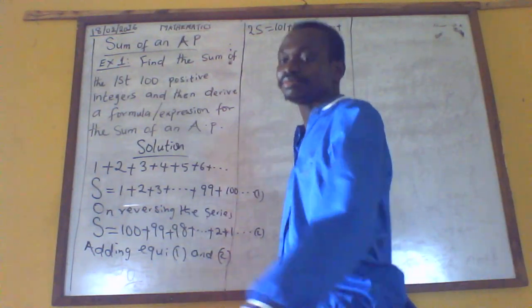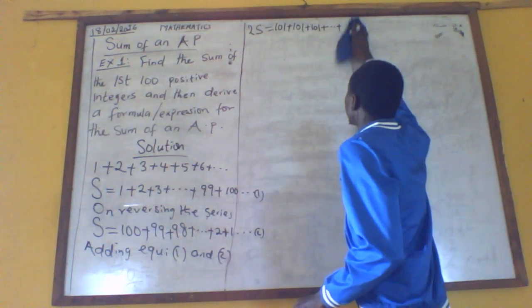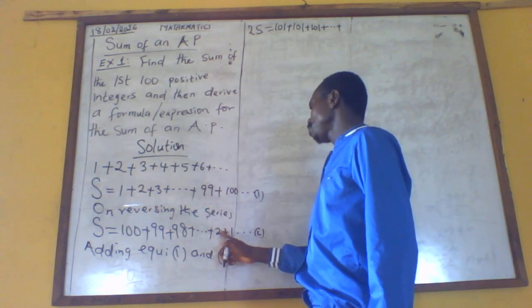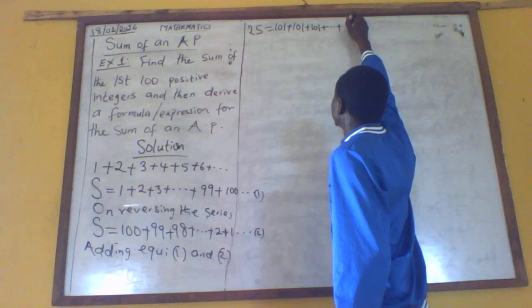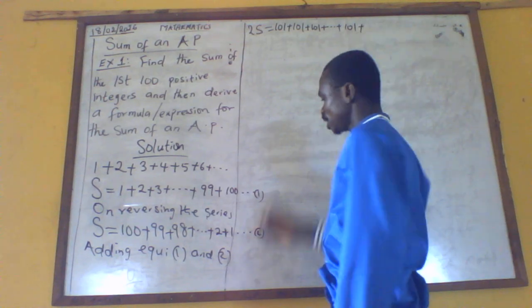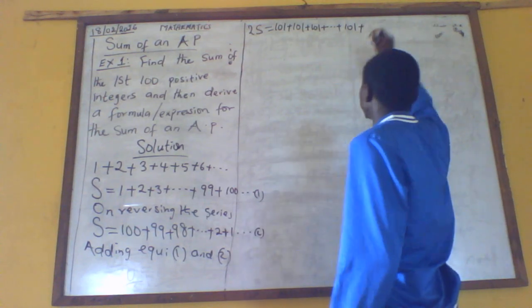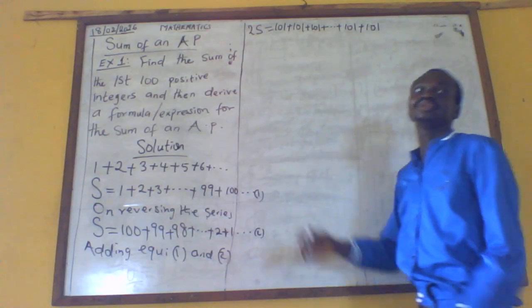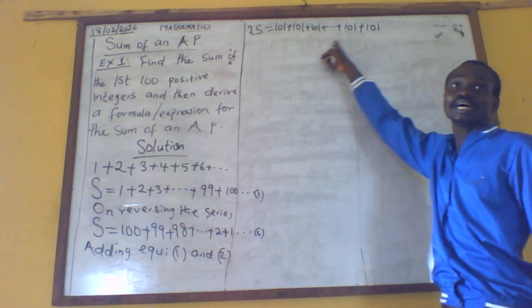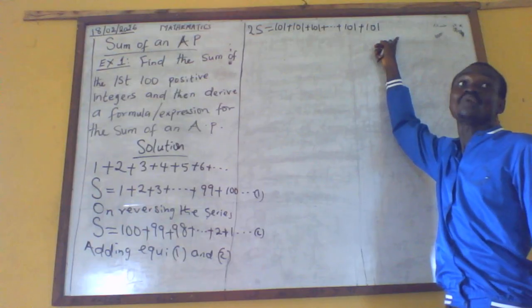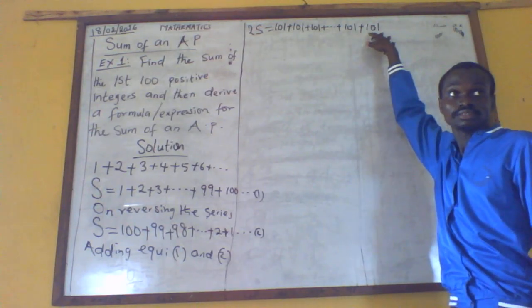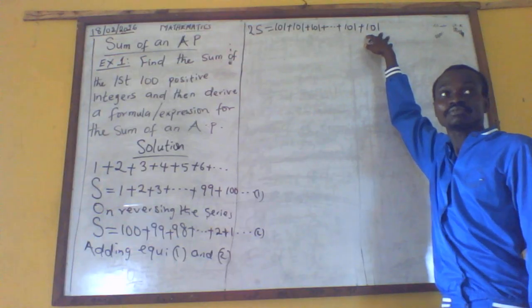At the same time, 99 plus 2 and 100 plus 1 will give me 101. So I'll be getting 101 in how many places? 100 places. So the number of terms is 100.